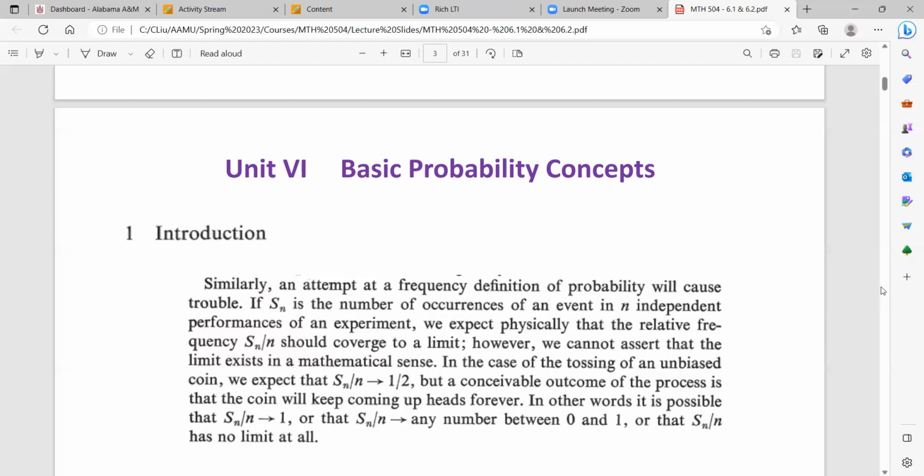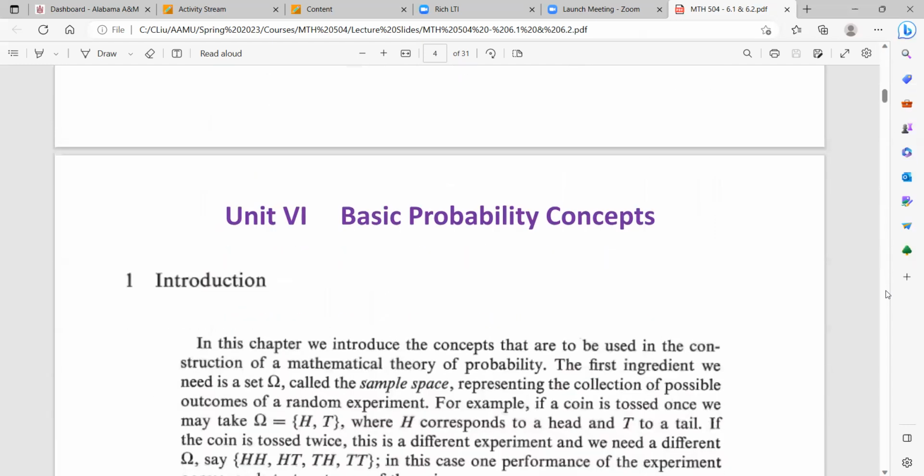So again, this definition based on experiments is not acceptable mathematically.